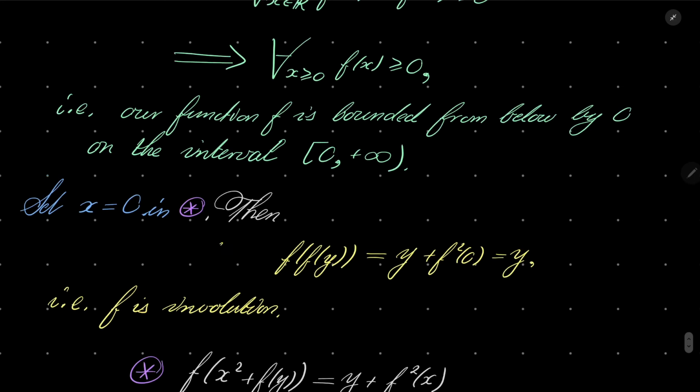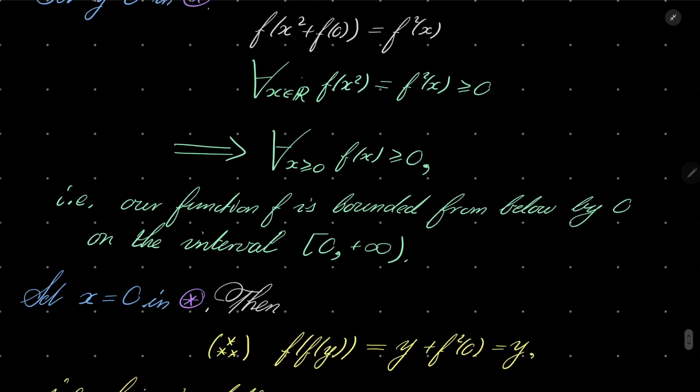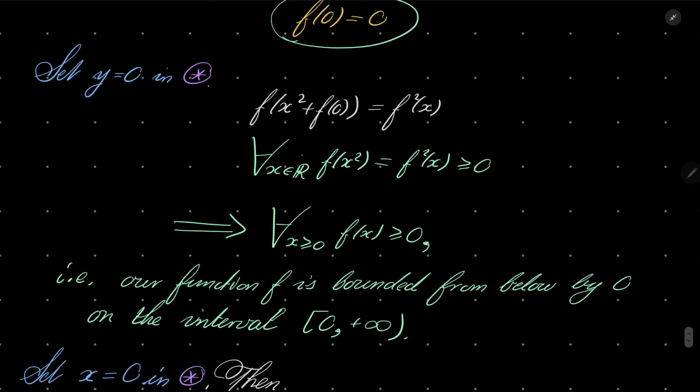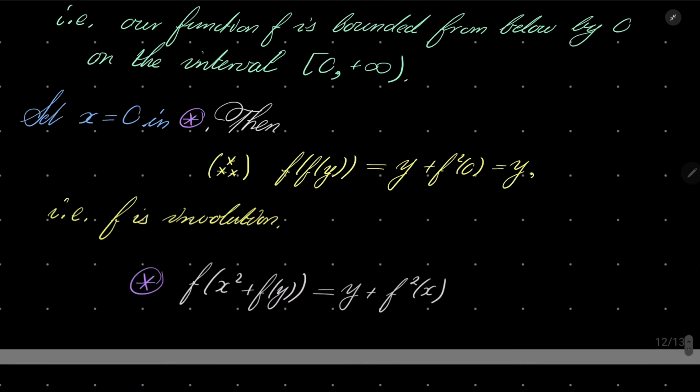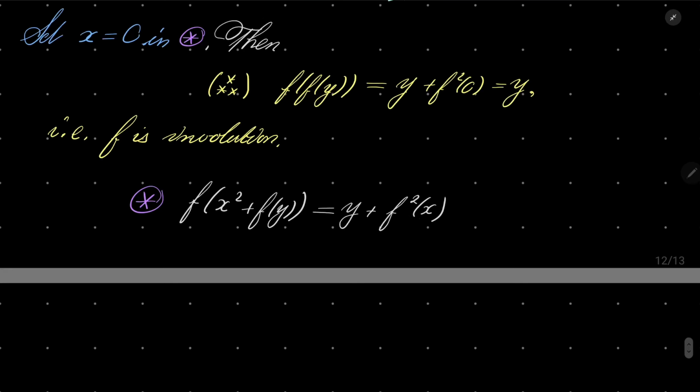This condition I will mark triple asterisk. And this condition right here, I will mark double asterisk. Why not? Now, I will change y here and here to f of y. And I will change this to f of x squared.